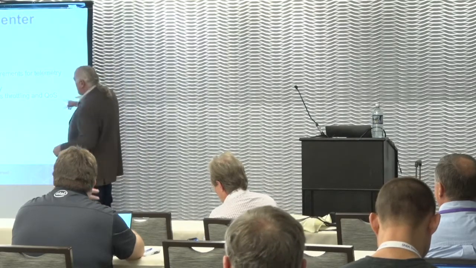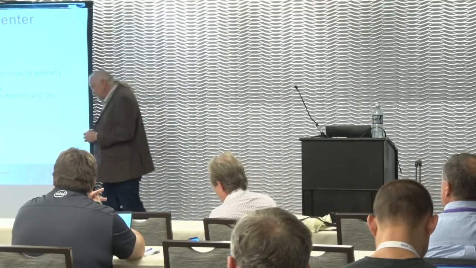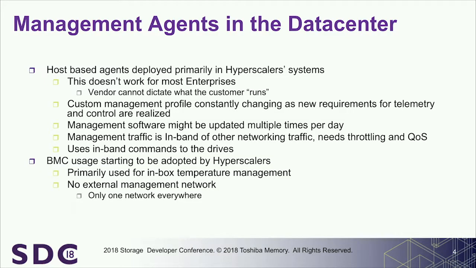And so network quality of service comes into play where you do want to get those alerts. But then when you actually start examining things, maybe that has a lower priority than the other customer-based traffic that's on there. And it uses in-band commands to the drive. We'll talk about why that is in a little bit.